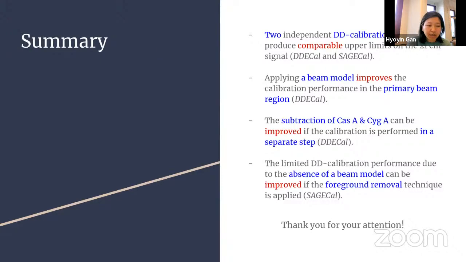So for DD-Cal, it uses this Gaussian function to smooth the gains over frequency. However, for SAGE-Cal, it's not the same process. So it uses some function to penalize those gains which are deviating from their values. So yeah, that's the major difference.